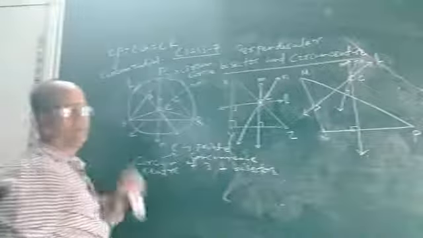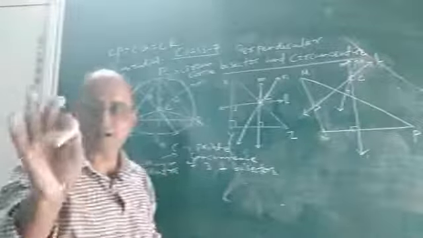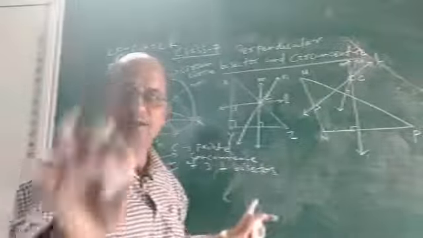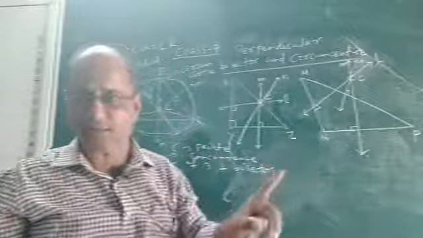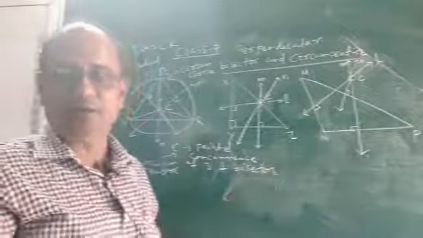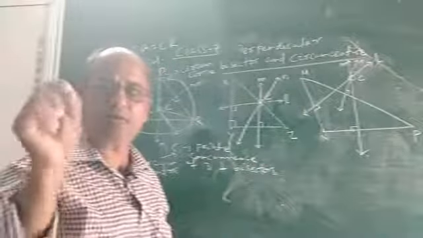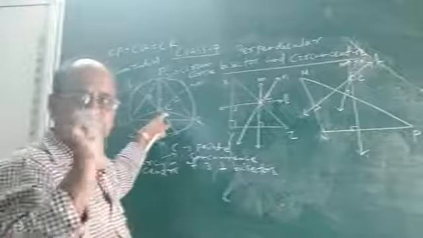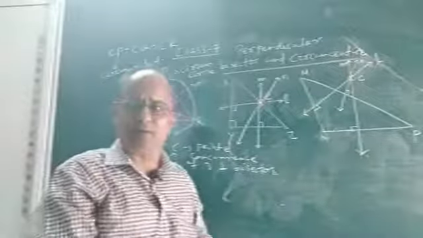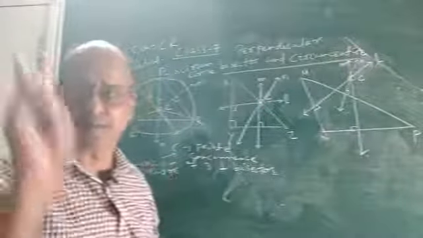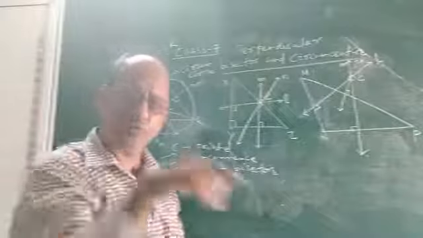Okay, so what is circumcircle? I hope you understood. If you understood what is circumcenter, you can easily understand what is circumradius and circumcircle. So once again I am saying, children, circumcenter is the point of concurrence of the three perpendicular bisectors of the sides. You can take two only, because if you take the perpendicular bisectors of any two sides, the third one will automatically pass through the same point.